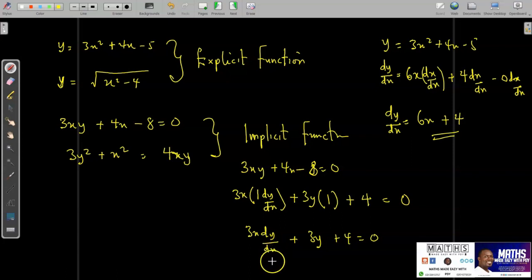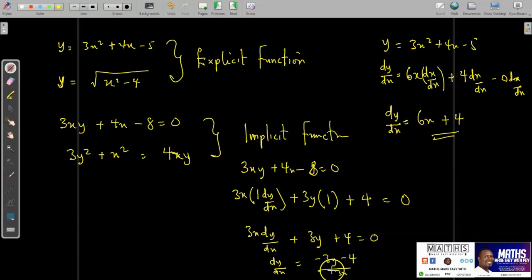So we transpose our 3y plus 4 to the other side of the equation, and then we divide through by 3x. In doing so, dy dx will be equal to minus 3y minus 4 all divided by 3x.